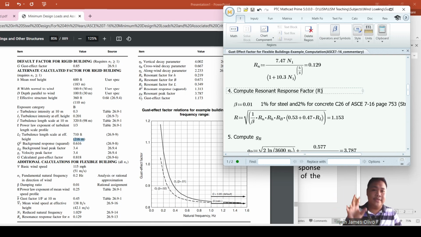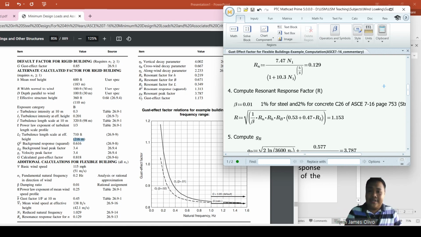As you can see, the term is resonant. It's very important that wind gives us a resonance. If you can, search for the video of the Tacoma Bridge. The Tacoma Bridge has a resonant frequency that is the same as the wind, and that is why there is a resonance.